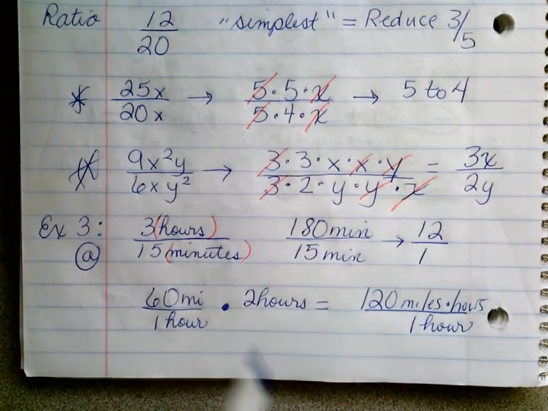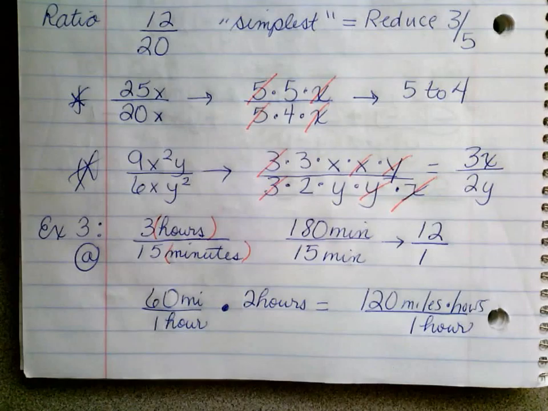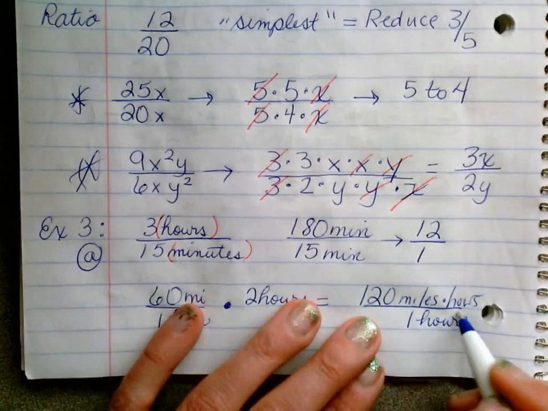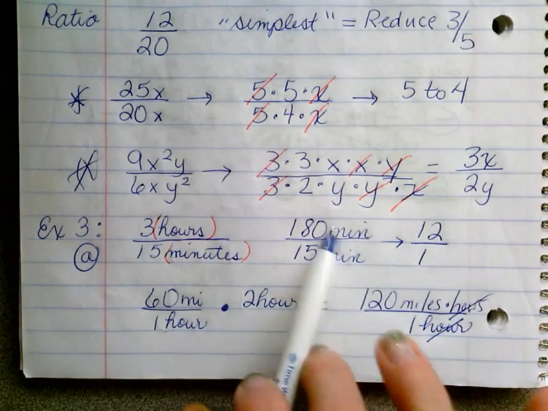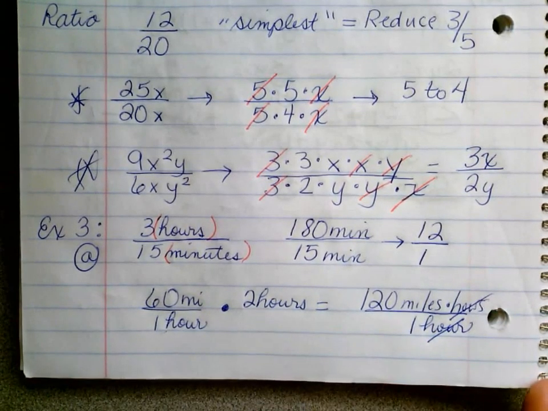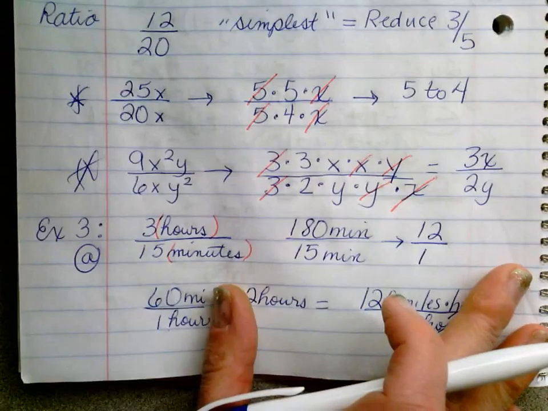Are you going to tell me that that's what you would say you traveled? You cancel your hours, whether you cross-canceled them here or did it here. That's why that cancels. Multiply by 1 and 2. 120 miles.